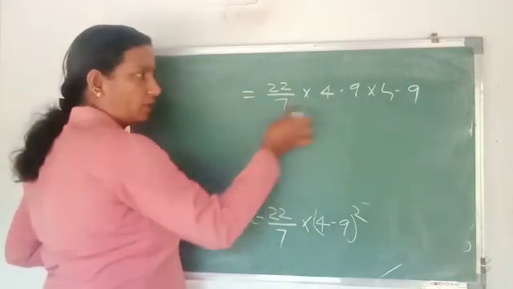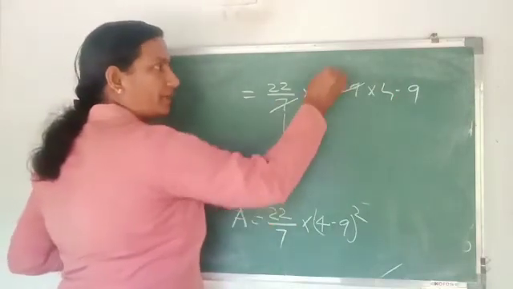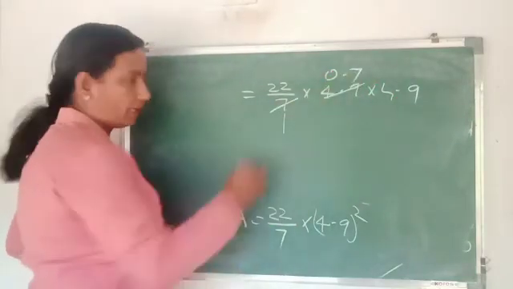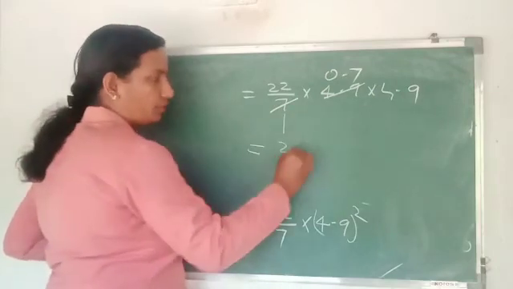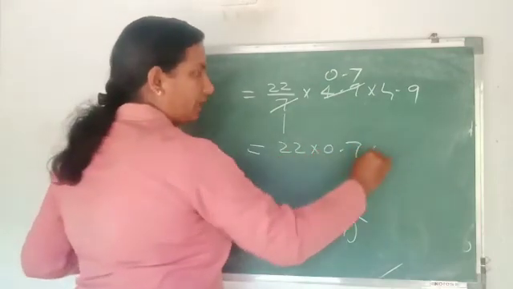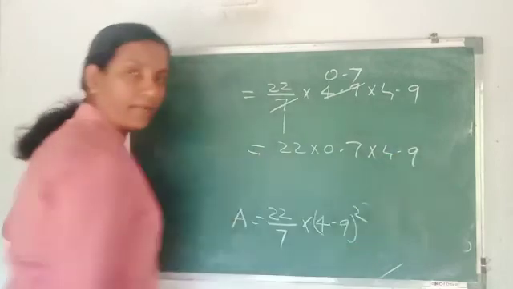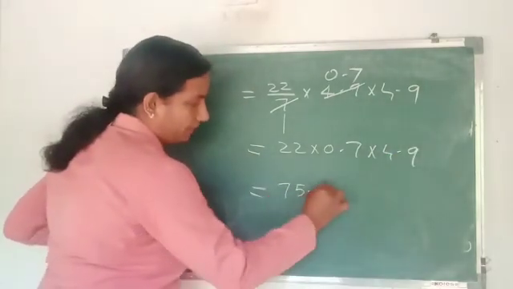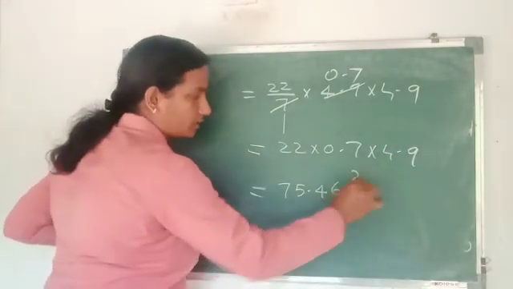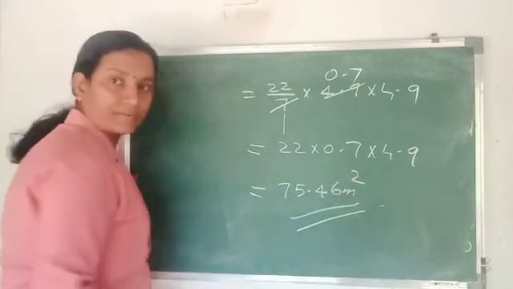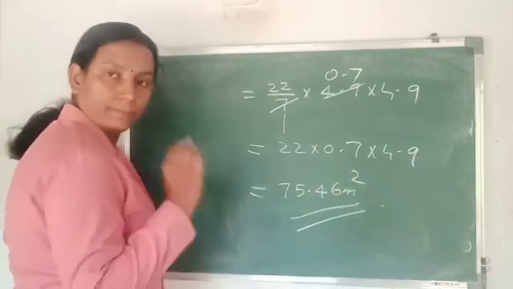We can cancel common factor 7: 7 into 1, 7 into 0.7. Okay. So remaining is 22 into 0.7 into 4.9. That is equal to 75.46 meter square. Okay. So the area is 75.46 meter square.